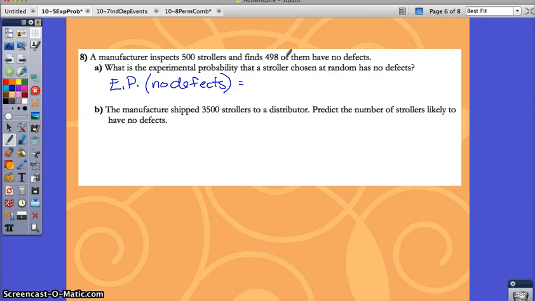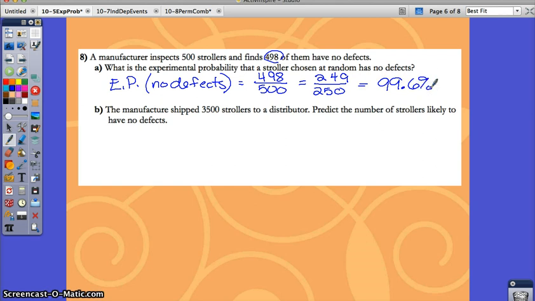Well, we want the no defects, and that's 498 no defects over the total, which is 500. You can reduce this because they're both even, so divide by 2, and then you can use your calculator to get your percent. You're just going to divide, get that decimal, and that gives you 99.6%.